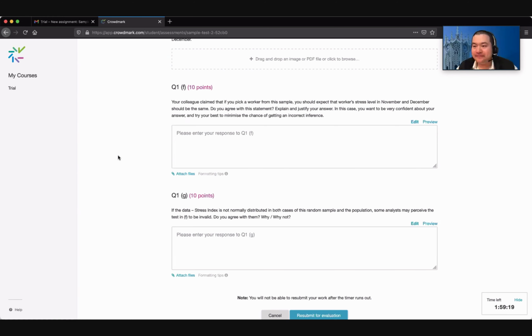I found that December's confidence interval was bigger than November's. December's interval contains November's interval. It's overlapping, but some data are not overlapping.